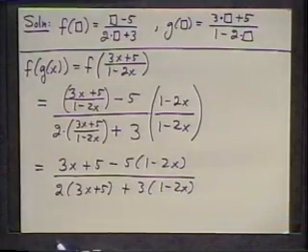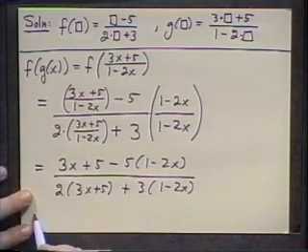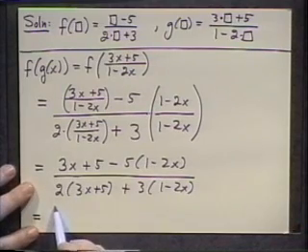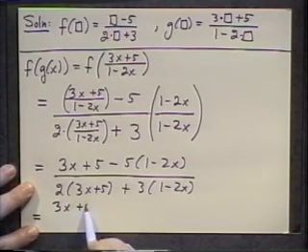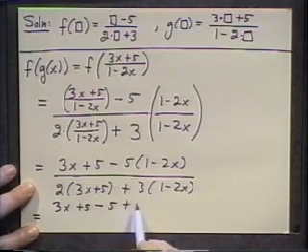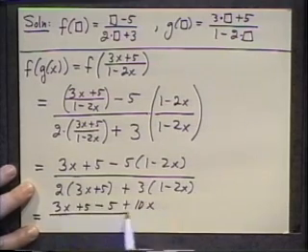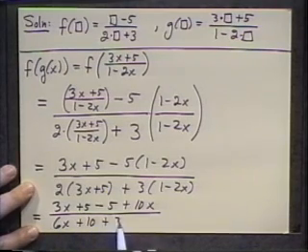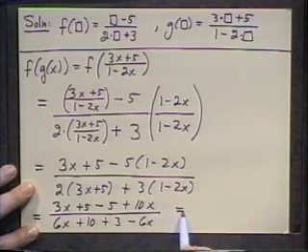Just multiplying everything out. And with a little bit of work here, we see that we've got 3x plus 5 minus 5 plus 10x, multiplying out everything on the top, and 6x plus 10 plus 3 minus 6x on the bottom.